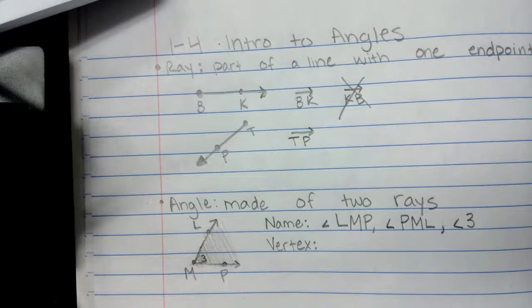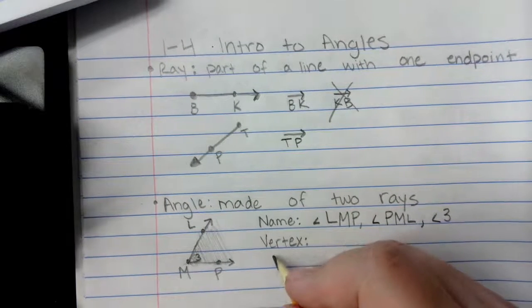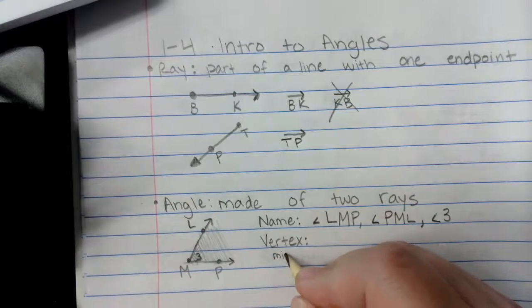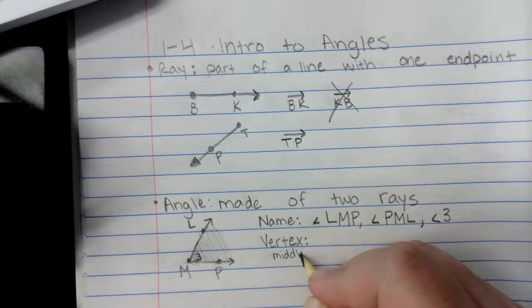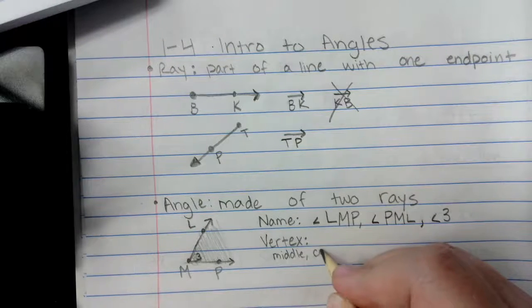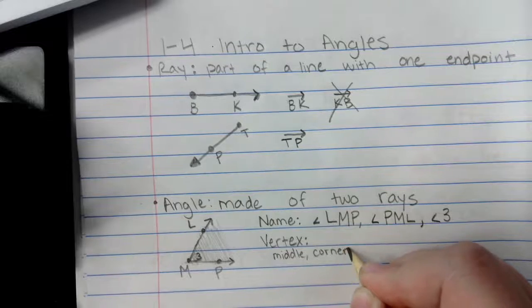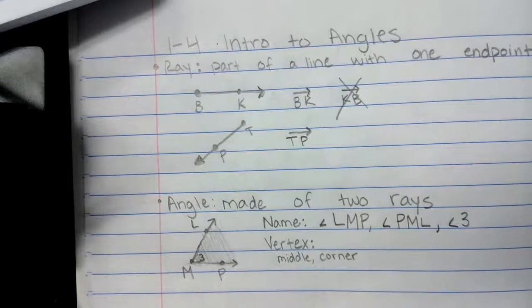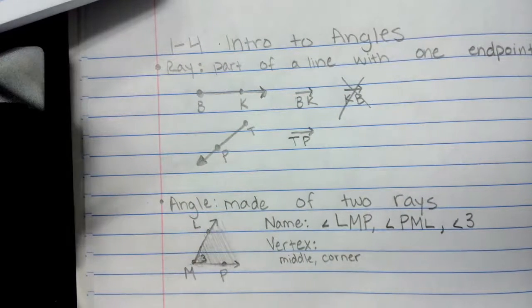What is the vertex? What's a way to describe it? Yeah, in the corner. It's kind of like the middle or the corner. It's where they meet. So I'm just going to write that as a small definition.